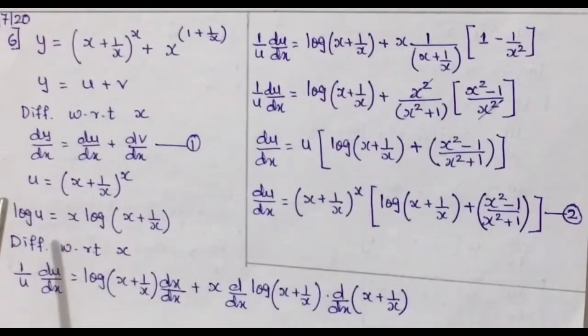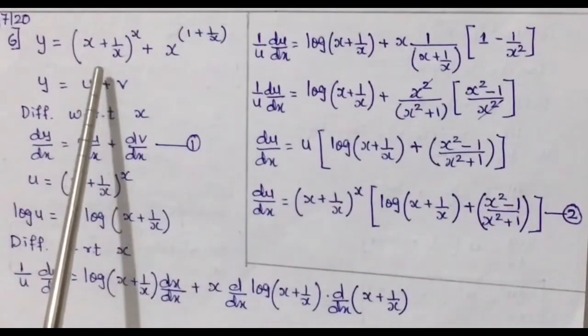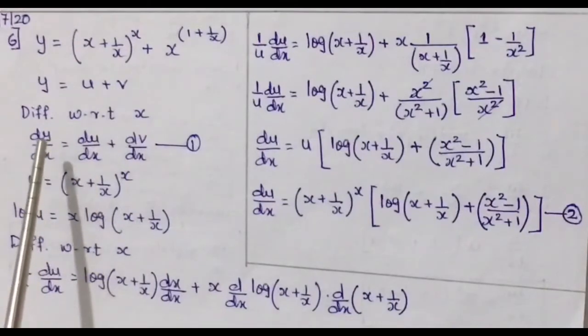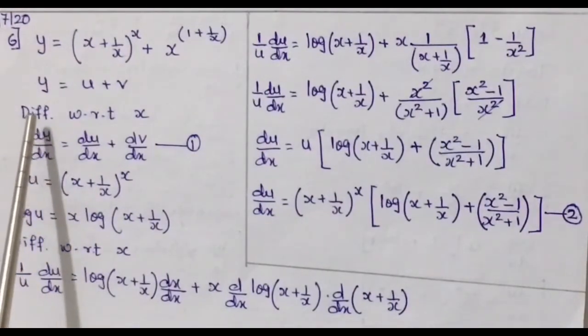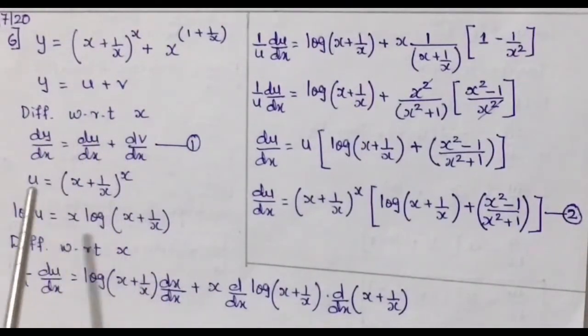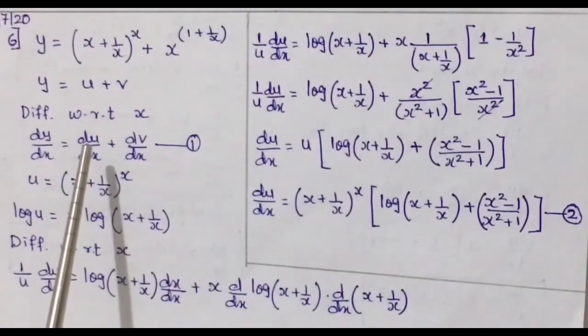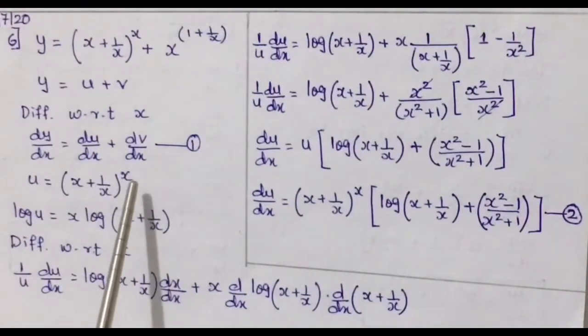Now for that, we will assume both these terms as u plus v. So we will have y is equal to u plus v. Now if we differentiate this statement with respect to x, we will have dy by dx is equal to du by dx plus dv by dx.